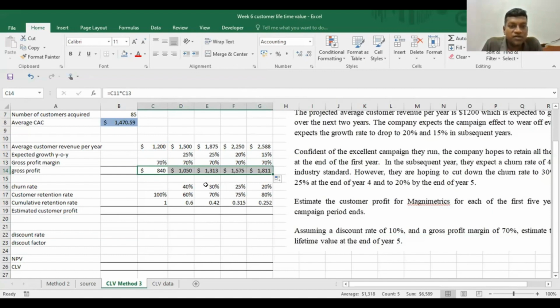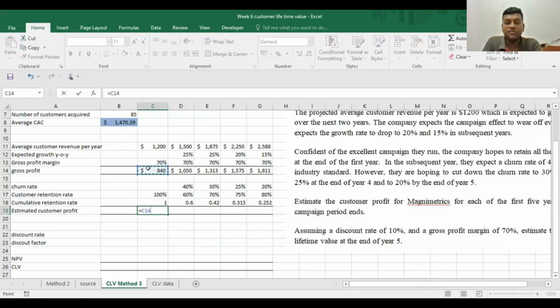The churn rate is 40, 30, 25, 20. We have captured that. Retention rate is okay. First year is 100%, 60, 70, 75, 80. Okay, you managed to bring it up. The cumulative customer retention rate 1, 0.6. Okay, so now let us calculate the estimated profit based on, I mean, like you're also losing customers. We should factor that in as well. This multiplied by this. Drag the formula across.